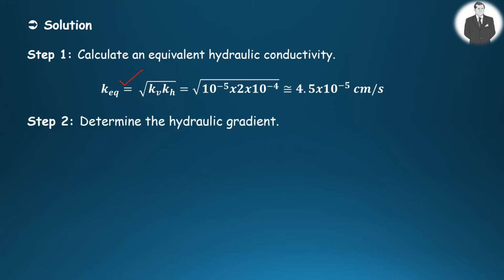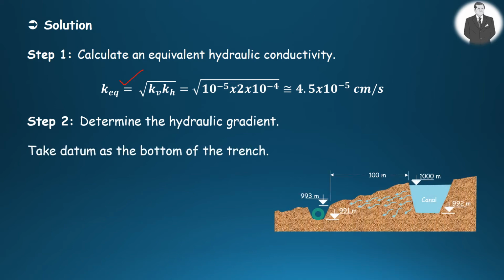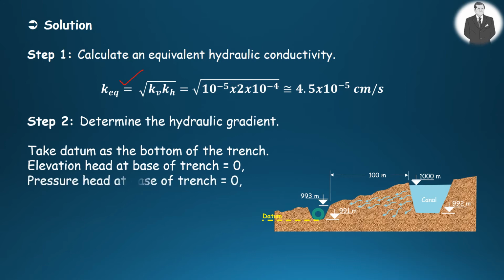Step 2. Determine the hydraulic gradient. Initially, we draw datum at the bottom of the trench and reference other quantities to it. Elevation head at the base of trench in this case is 0.